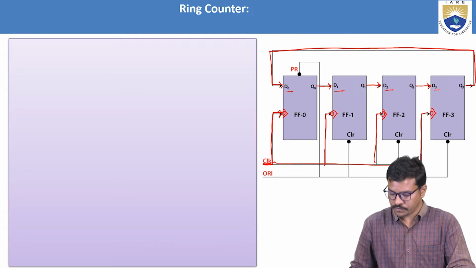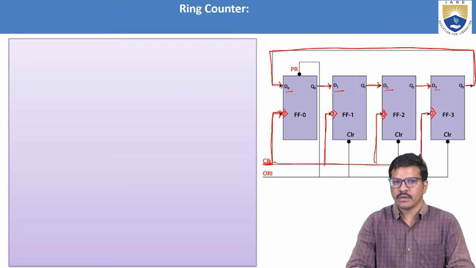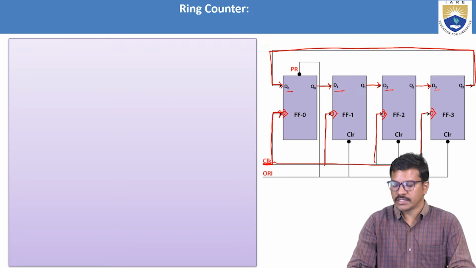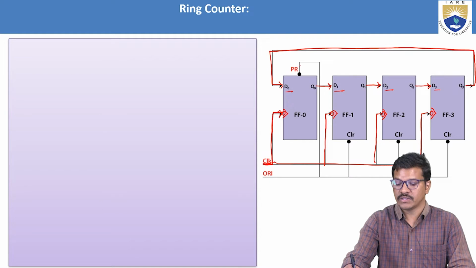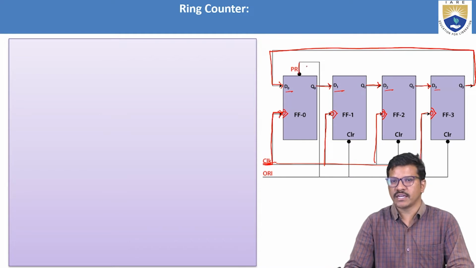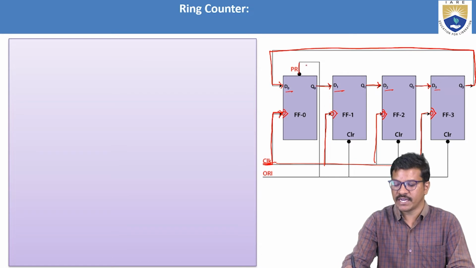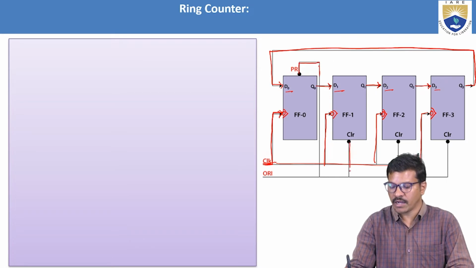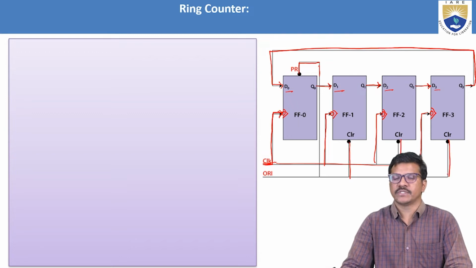and the ORI input is connected to two asynchronous inputs which are called preset and clear. So here, in this connection of the ring counter, we are just connecting preset for the first flip-flop, and the remaining all are connected to clear inputs.